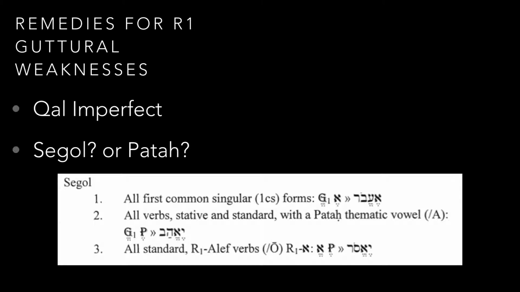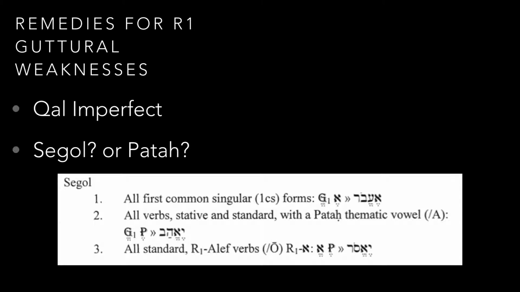We got the segol underneath the article in order to make that E-A sound. So this is not super abnormal as it relates to the phonetics of Hebrew, but it may just look odd. And if you want to just memorize patah thematic vowels, we get the segol in that preformative and underneath the guttural as the composite. And then also, again, all standard. What he means by standard is they take an O thematic vowel.